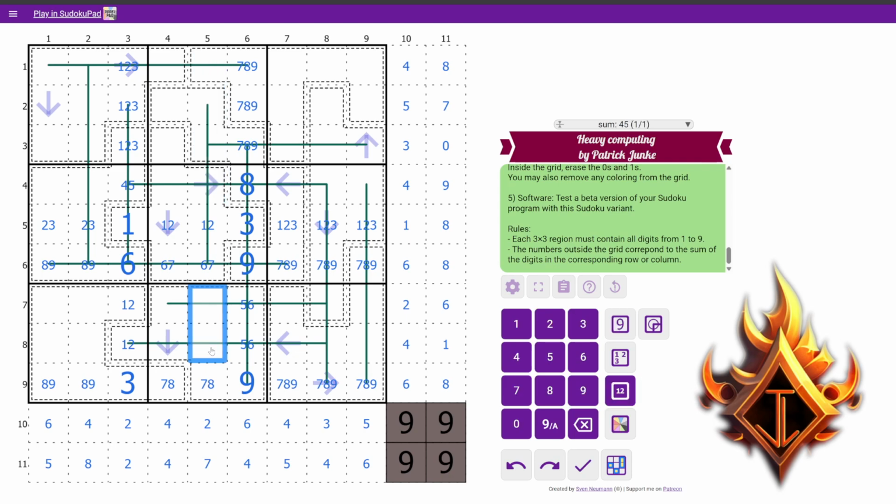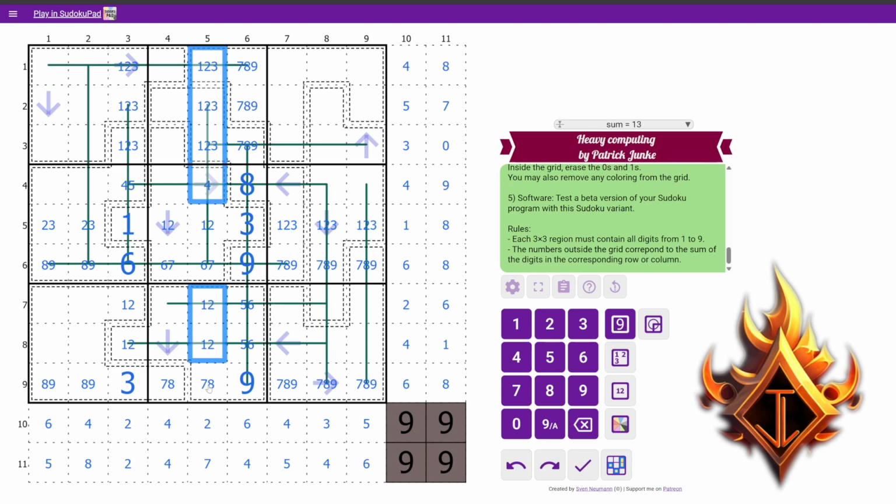Okay, so if these are 1, 2, and that is 4, and these are 1, 2, 3, then we have 6, 10, 13, and we need 14 more.